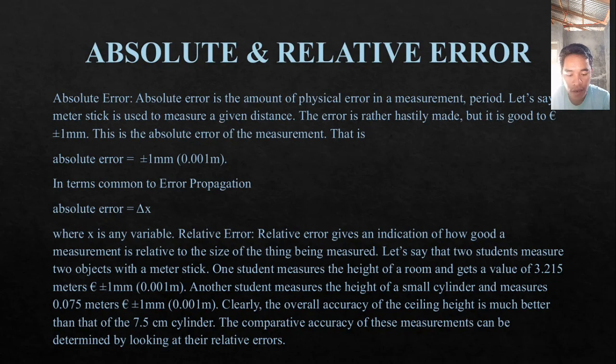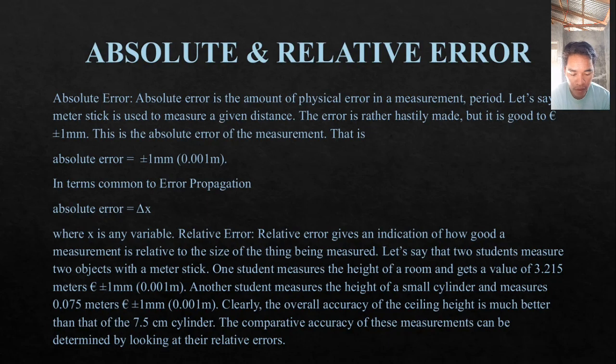This is the absolute error of the measurement. That is, absolute error equals 1 millimeter, which equals 0.001 m. In terms common to error propagation, absolute error equals delta x, where x is any variable.